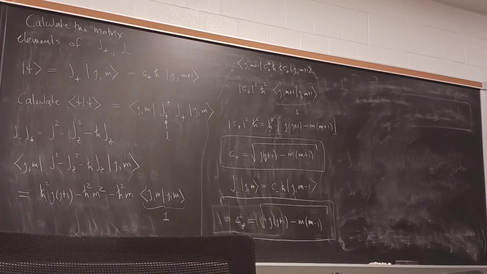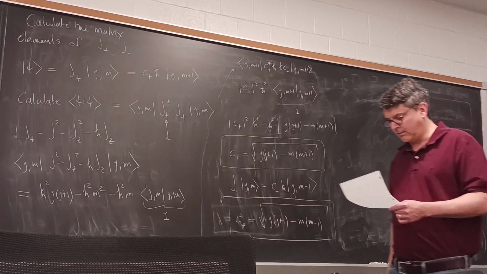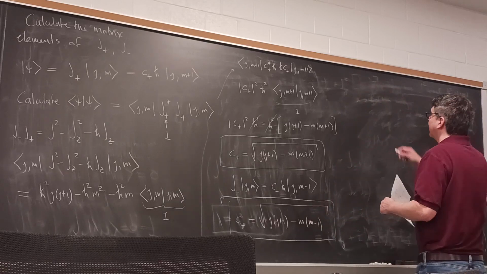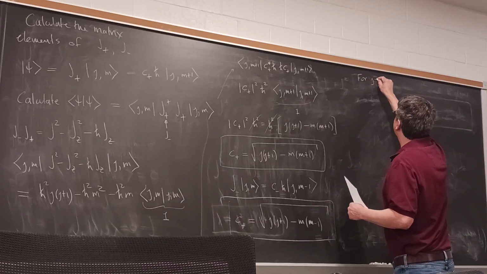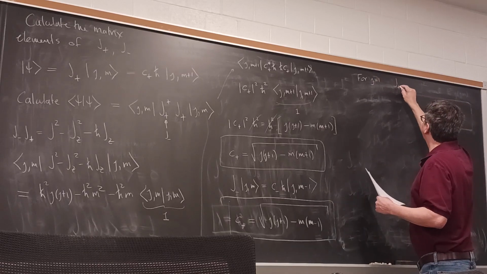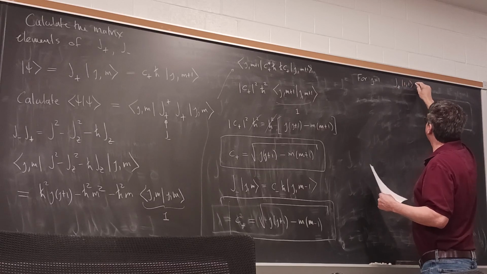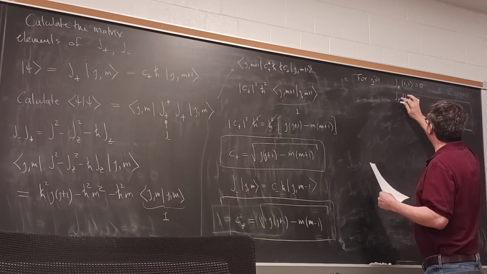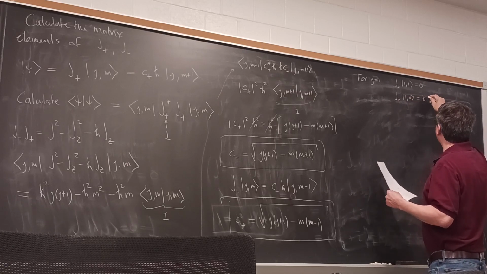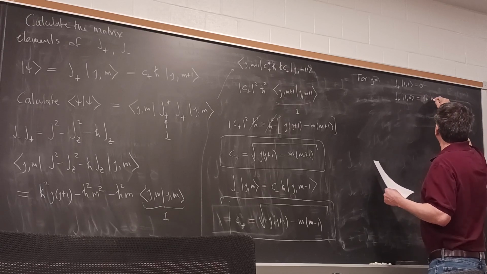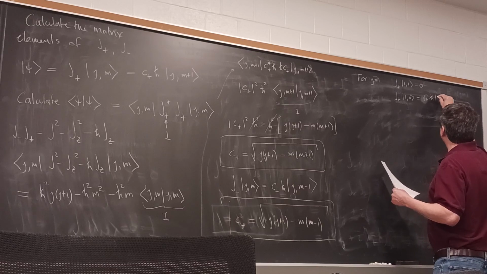Okay, so let's check this. Our formulas here, so for J equals 1, we have J plus on 1, 0 is equal to root 2 H bar times the top state, right?